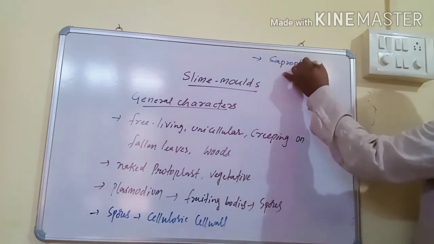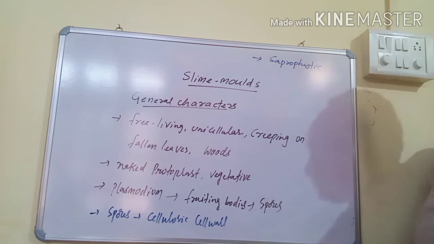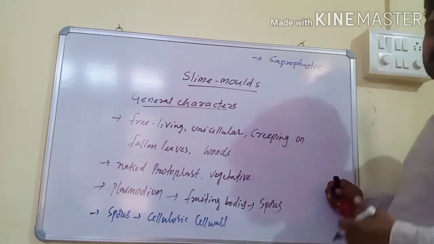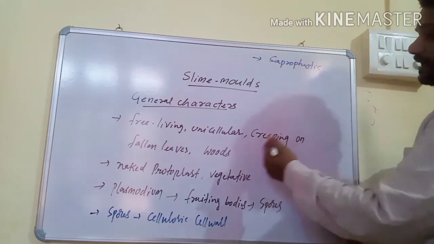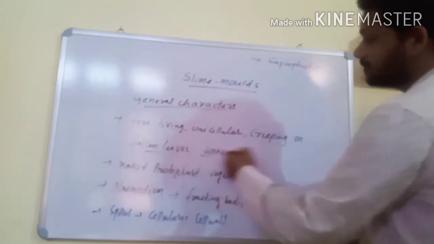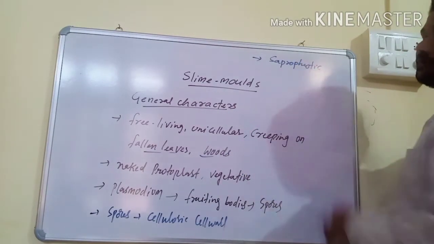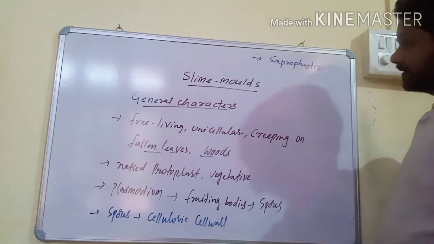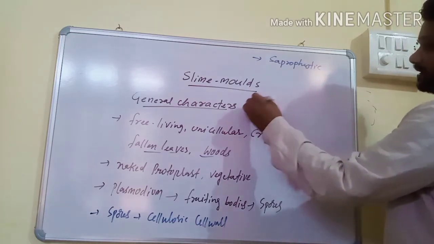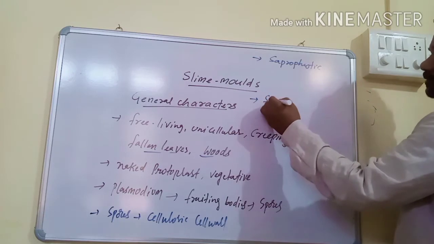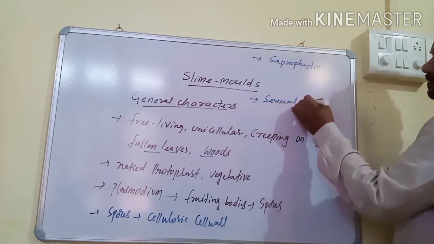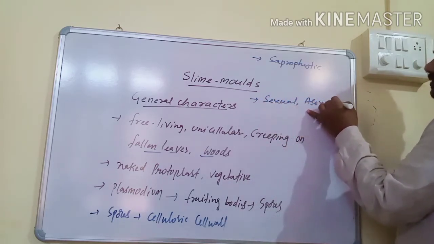They depend on dead decaying matter like debris of fallen leaves and rotten logs of wood. That kind of nutrition is known as saprophytic nutrition. Reproduction is of two types, both sexual and asexual.